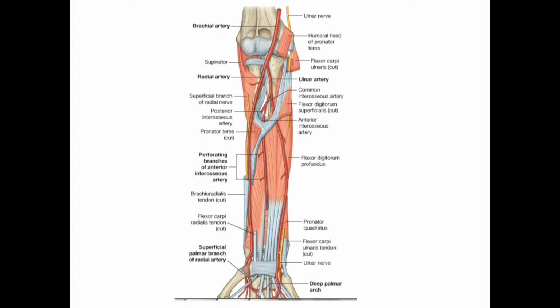And also the final branches that our ulnar artery has are these two small carpal arteries, the dorsal carpal artery branch and palmar carpal artery branch, and they are supplying the wrist.